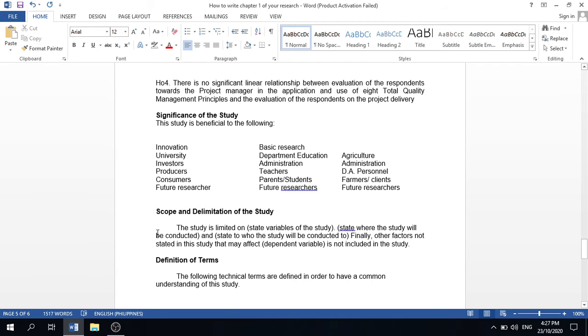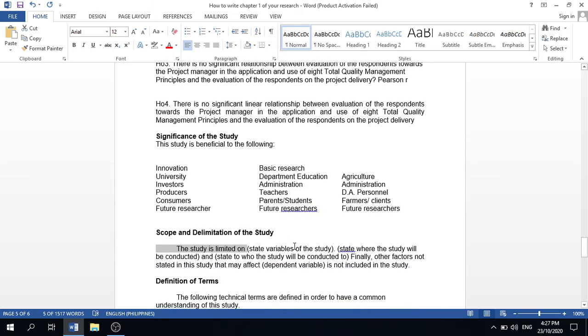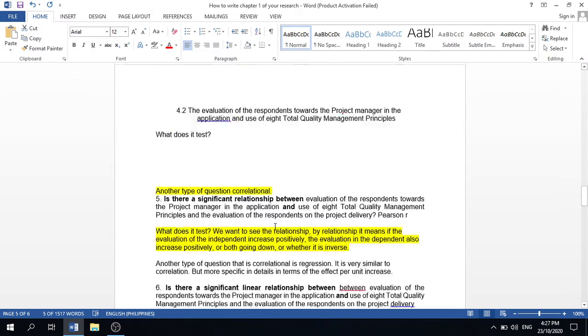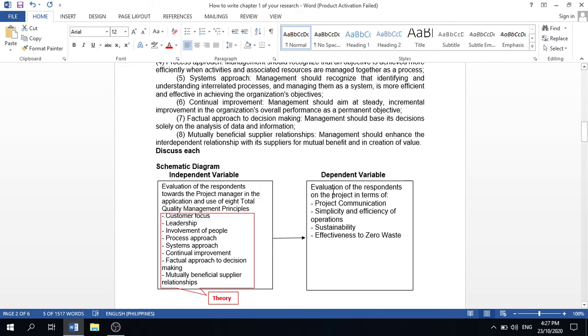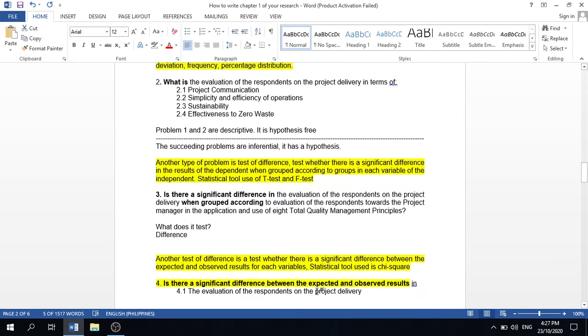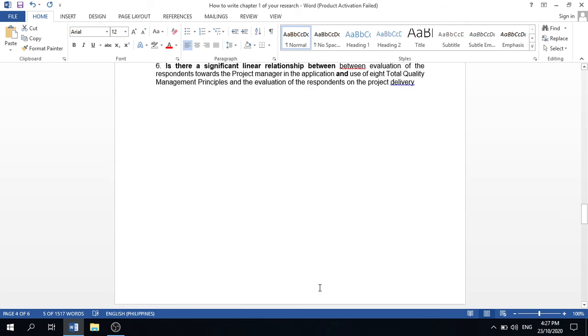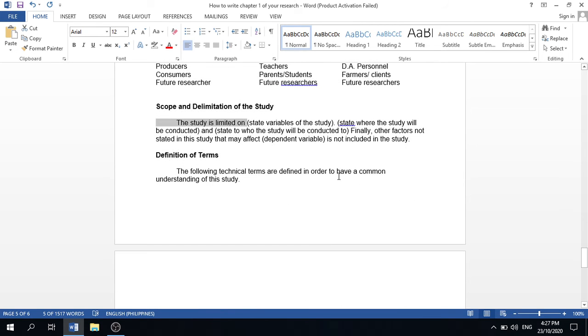Second to the last is the scope and delimitation of the study. It's very simple. You just write "the study is limited to" and then state your variables. Copy and paste them down, and state where the study will be conducted, such as your school, the office, which region or department.